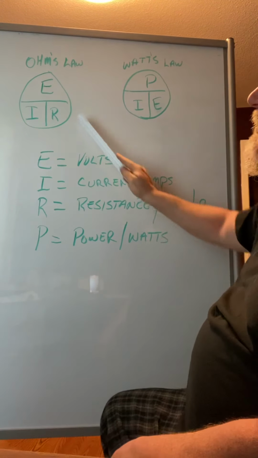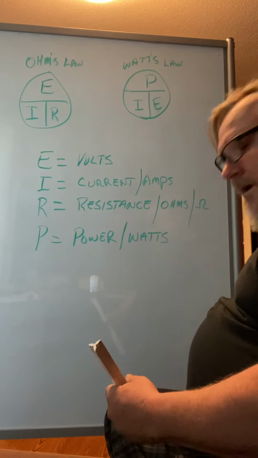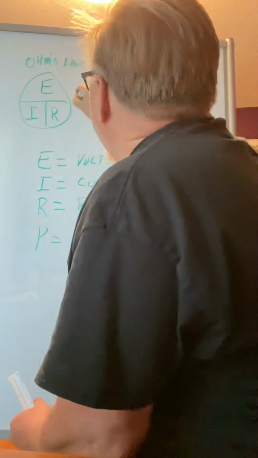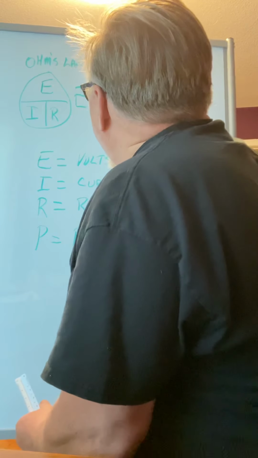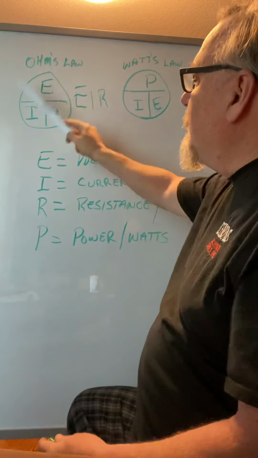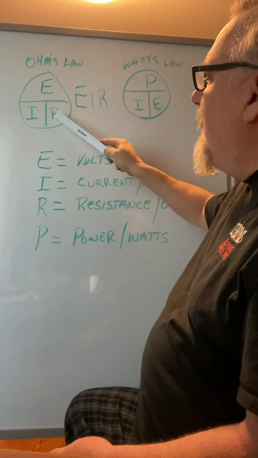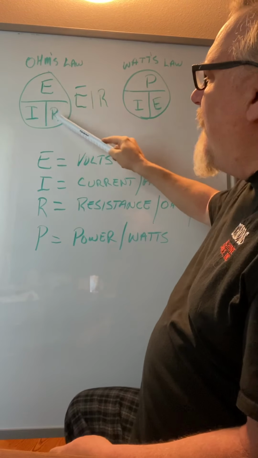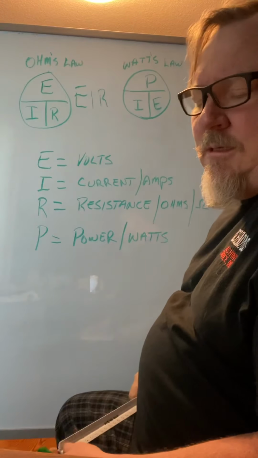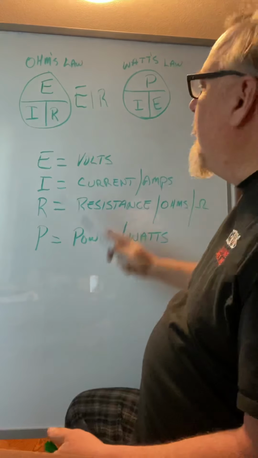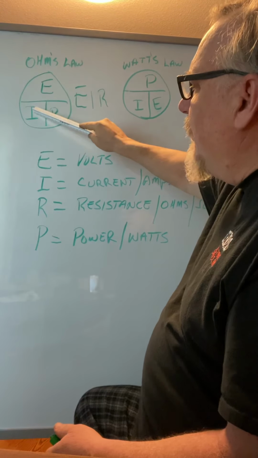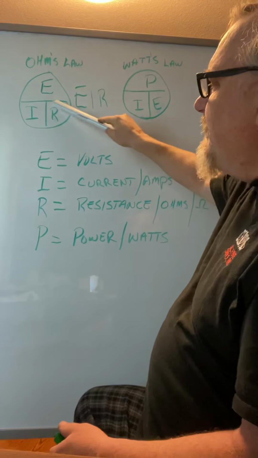So in Ohm's law, if you remember the term EIR, that will help you remember to write this Ohm's law circle here. E, I, and R. So if you want to find out the information here, when we start doing the circuitry, the voltage can be divided by the current to find out what your resistance is.